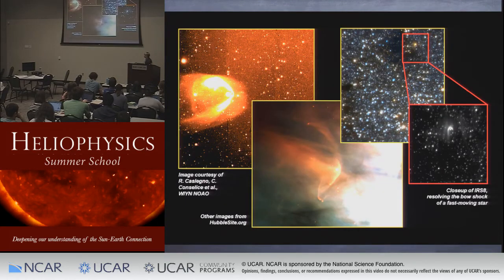Now, we know from observations that other stars definitely should have astrospheres. This view of our own heliosphere is actually seen in a few pictures of other stars. You can see this picture here. There's a clear shock in front of the heliosphere of that star, the astrosphere.